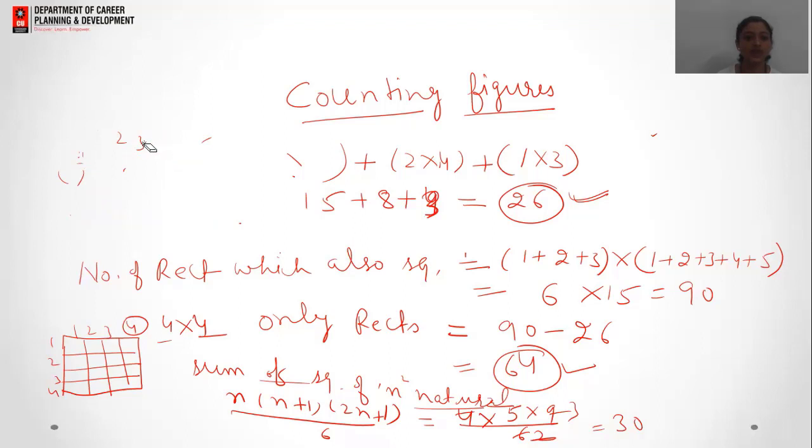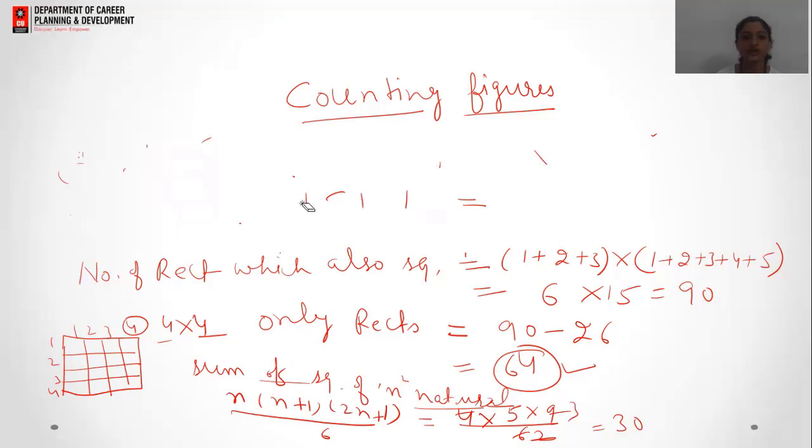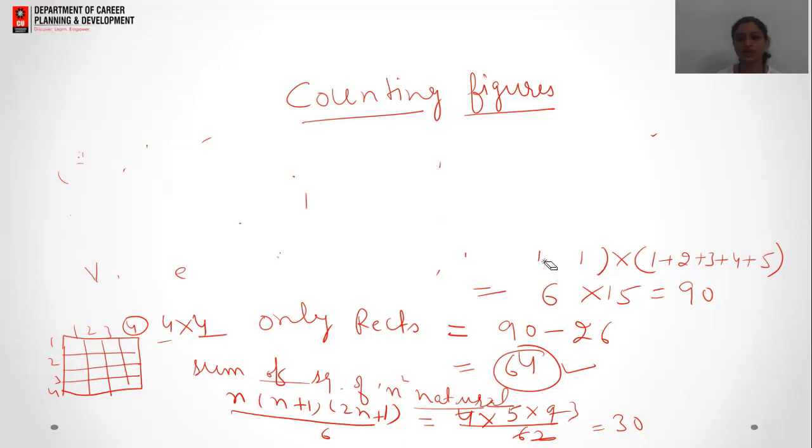So we can find out the total number of triangles in those given figures. So let's discuss how we can find out the total number of triangles.